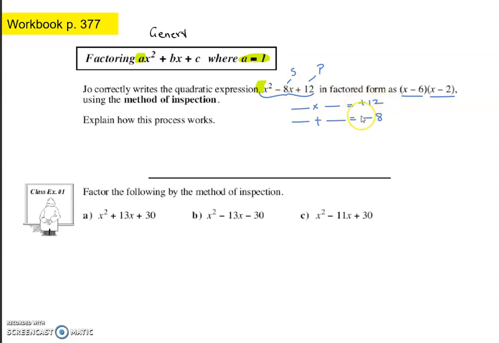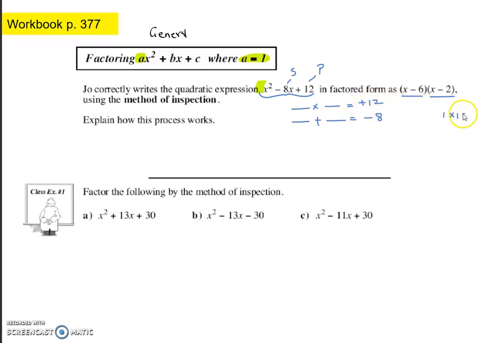You'll notice I bring my signs with me because that is very important. So you want to think of 2 numbers that will multiply to become positive 12, but will add to become negative 8. Now remember, there are infinite possibilities to make an 8 by adding or subtracting. What's more restrictive is which numbers multiply to become 12.